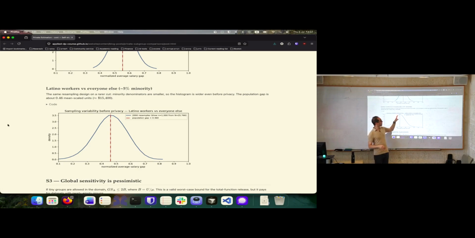So if there are 5% of the population in one of the groups, and I sample 1,000 people, on average I'm supposed to have 20 people. Now the variance of sampling 1,000 times and computing 1 over x for something that has probability 5% is going to be much larger than if it's the probability of something that has half.